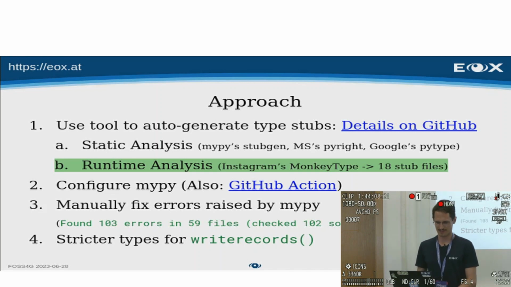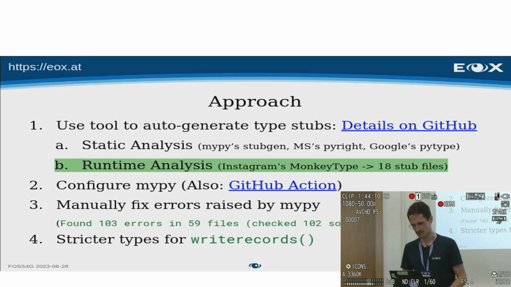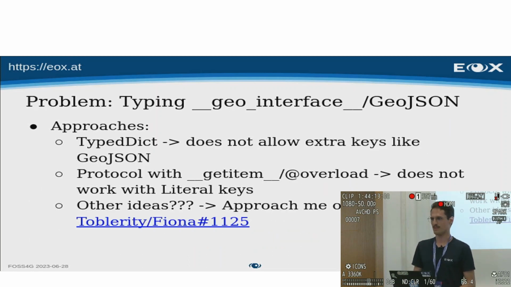And this is where we're currently a bit stuck, because there's one problem in that write records and the public API accepts objects that are like a GeoJSON or that conform to the geo interface dunder methods of Python objects. We tried two approaches. One was to use the TypedDict class, but a GeoJSON allows any keys inside of the object.